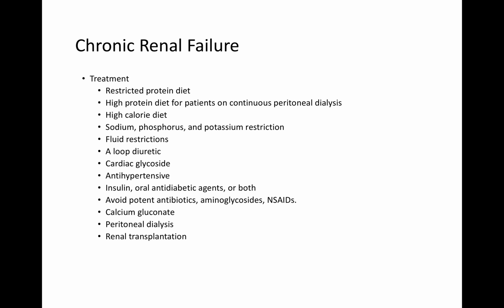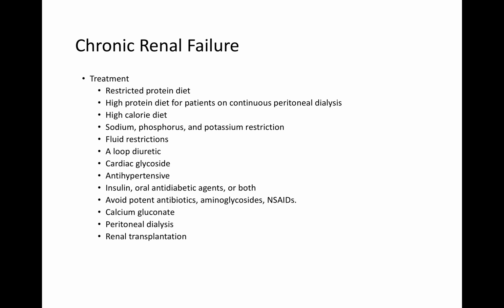So we're going to restrict the protein diet, the high protein diet, for patients on continuous peritoneal dialysis because the dialysis is working for them. High calorie diet, sodium, phosphorus, and potassium restriction, because we know they're not getting diluted or they're not in the right compartments because the kidney's messed up. Fluid restrictions, a loop diuretic because that pulls off the fluid quickly, cardiac glycoside, antihypertensives, and insulin, may need insulin to get potassium into the cell.